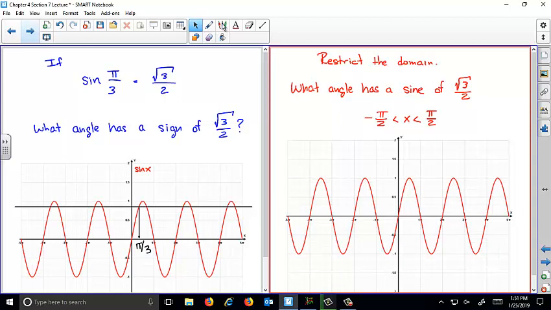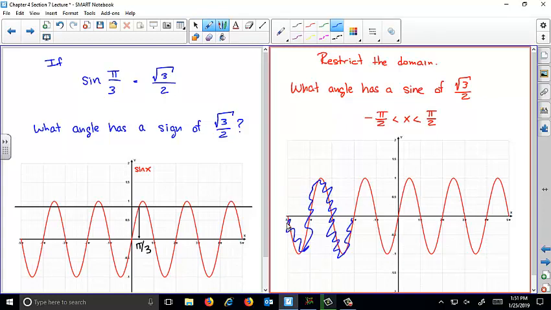But what if, instead of having the entire sine function, we restricted the domain and asked what angle has a sine of the square root of 3 over 2 between negative pi over 2 and positive pi over 2? What that would mean is we would mark out the sine function and only worry about it between here and there.